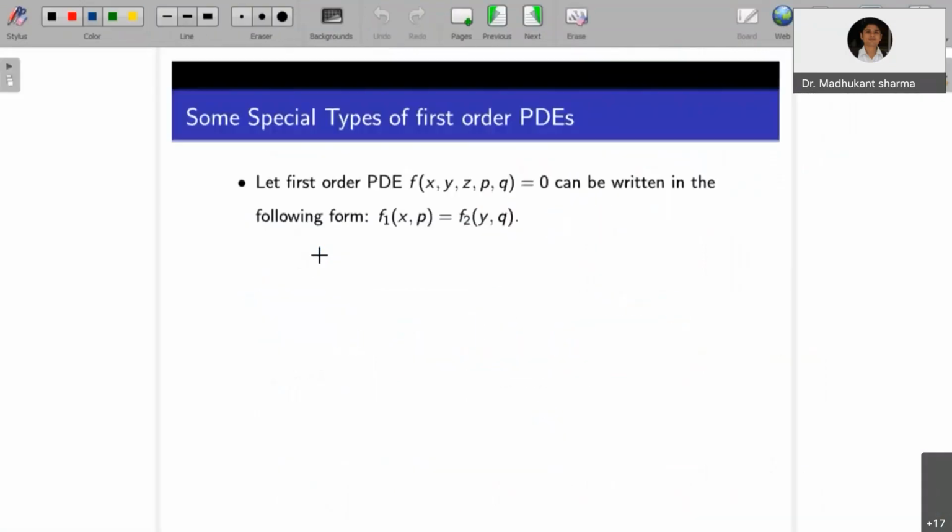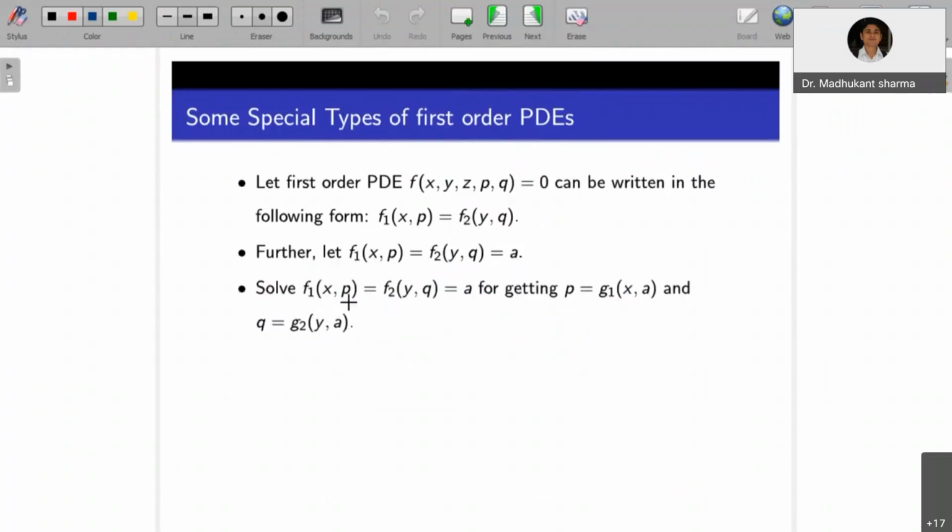So if you are able to write in the following form, let f1 of x comma p equals f2 of y comma q equals a. Solve these two for getting p equals a function of x and a, and q equals a function of y and a.